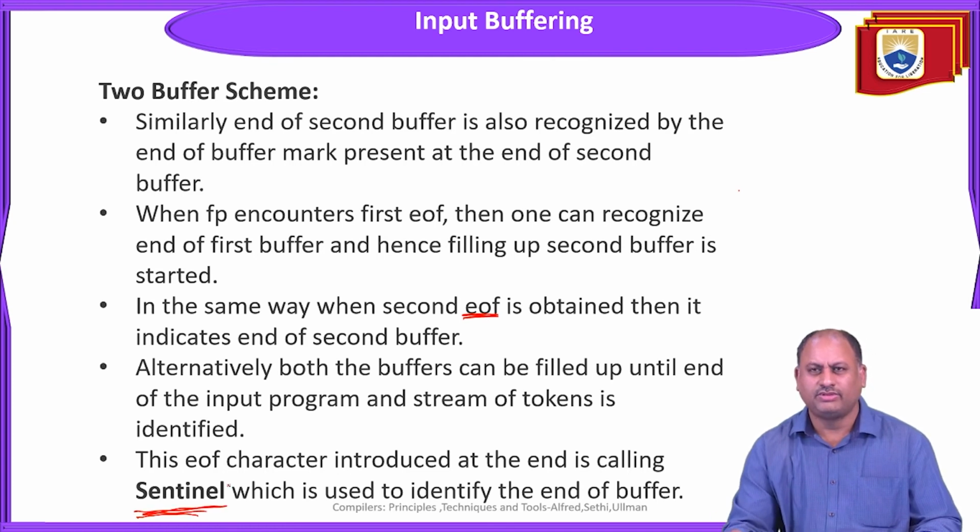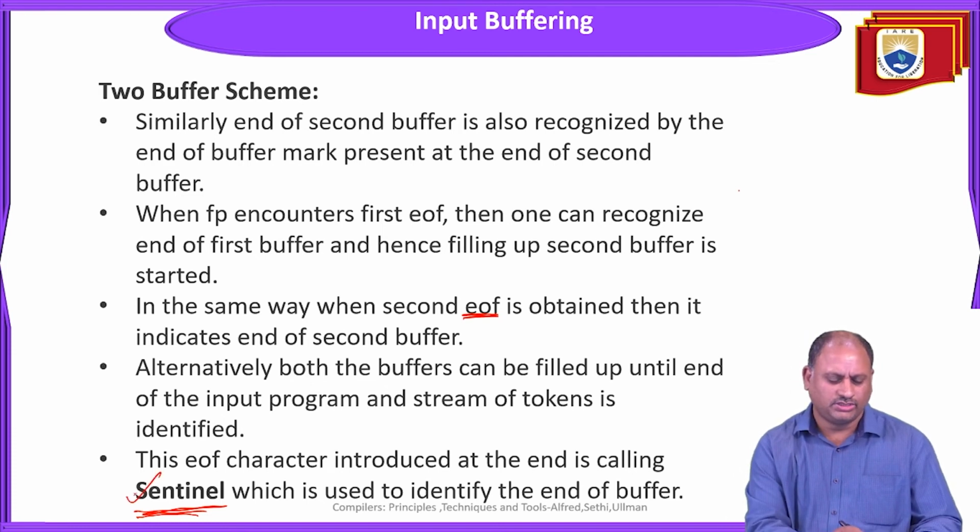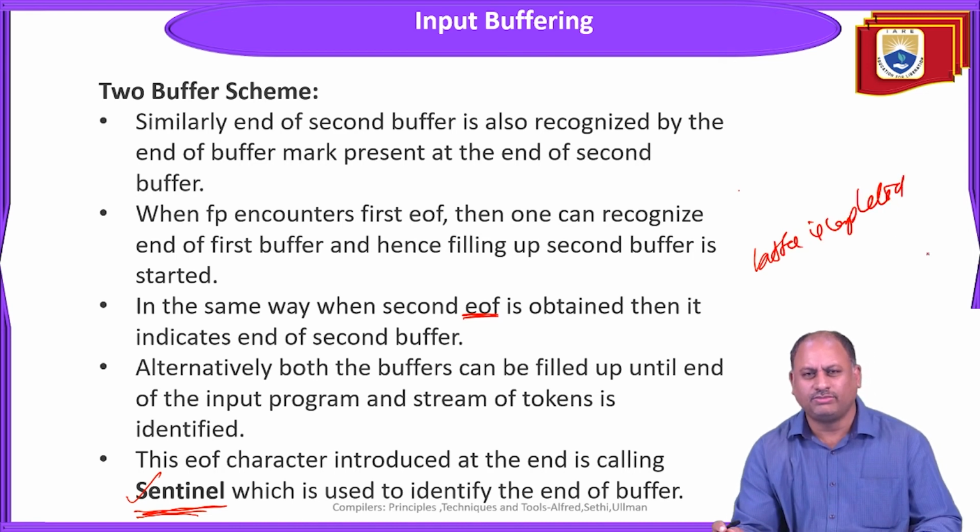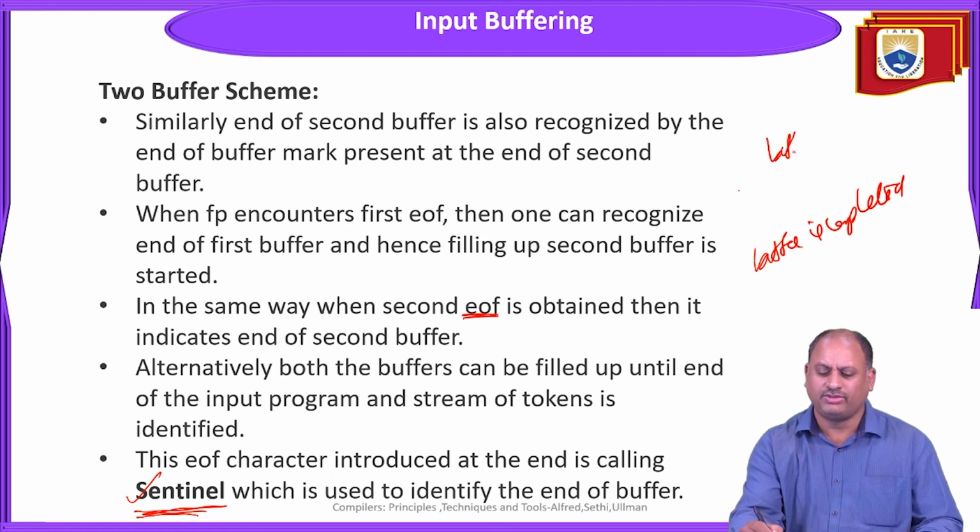At the end of a buffer, we place a sentinel, EOF, to check whether the particular buffer is completed. Suppose we are at buffer 1, then buffer 2, and we reach the sentinel.